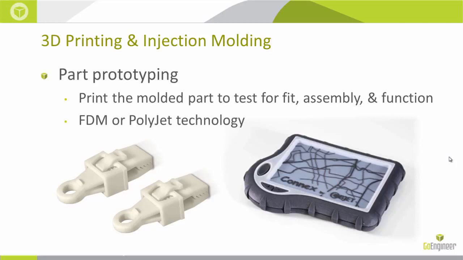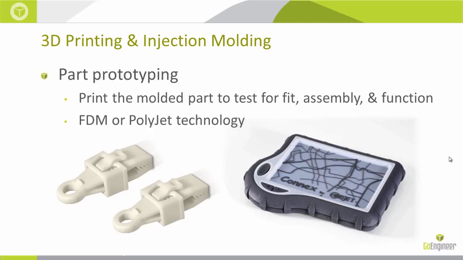So in FDM, like the parts on the left, those tarp clips, we're limited to ABS plastic or polycarbonate or PCABS or some of the other high performance materials, but we can't print those in, say, polypropylene, right, or polyethylene. And same with the Connex machine. And on the PolyJet side and that GPS, we can't actually print in rubber. We print in a simulated rubber.